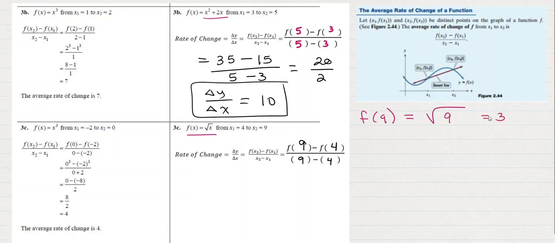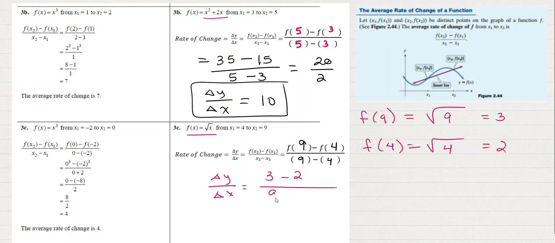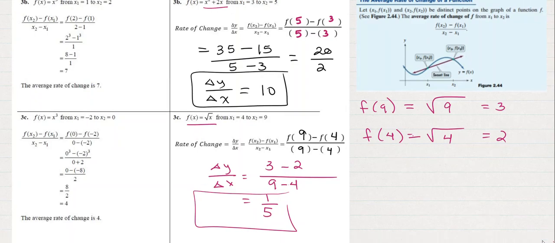Square root of 9 is 3. And then f of 4, square root of 4 is 2, so 3 minus 2 over 9 minus 4, so that's going to give us 1 over 5. So the average rate of change, for example C, is 1 over 5.